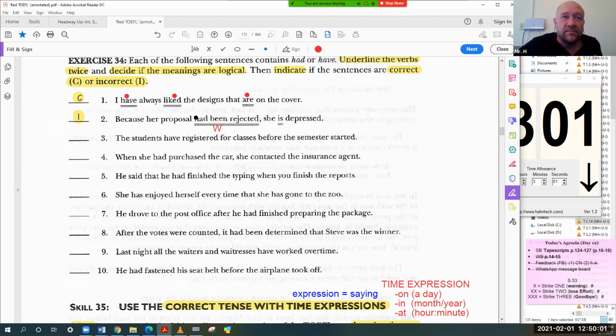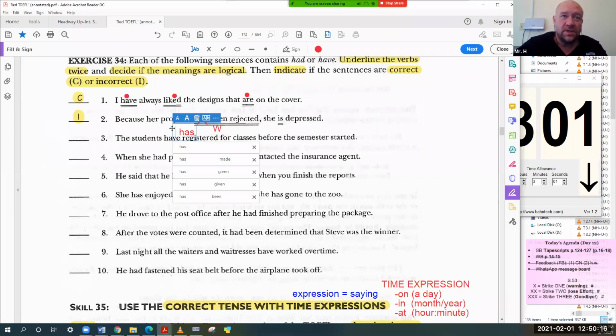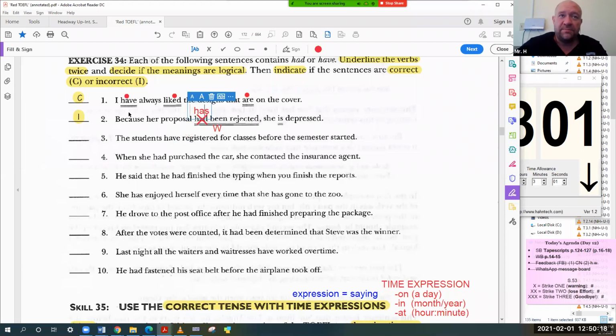In other words, like this. Because her proposal has been rejected. So that's a short time ago, right? Yes. That's also correct. Because her proposal has been rejected. So a short time ago, now she is depressed. This is also possible.